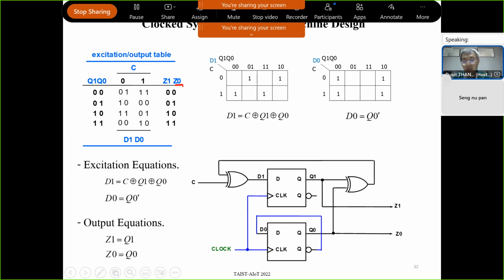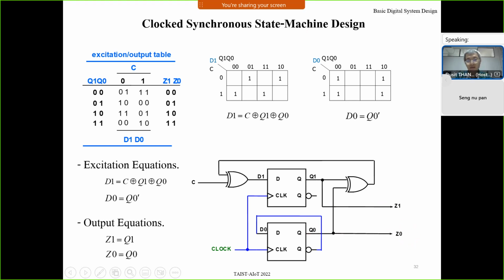And for Z0, 0, 1, 0, 1, 0, 1, 0, 1, it's the same. So you can take the signal from Q1 to output Z1 and from Q0 to output Z0 directly. Okay, this is just for example.